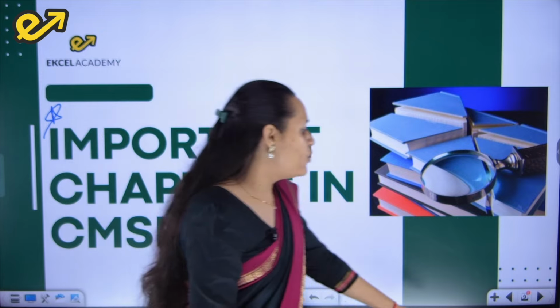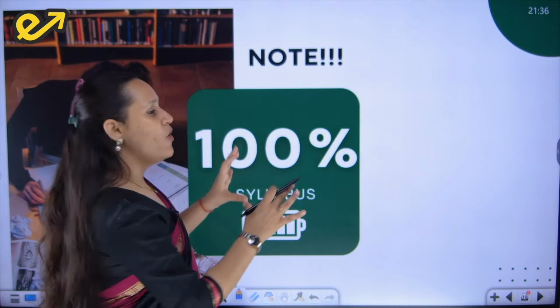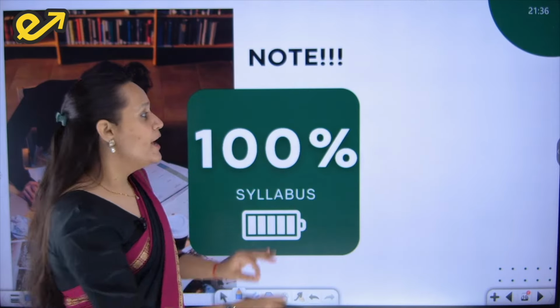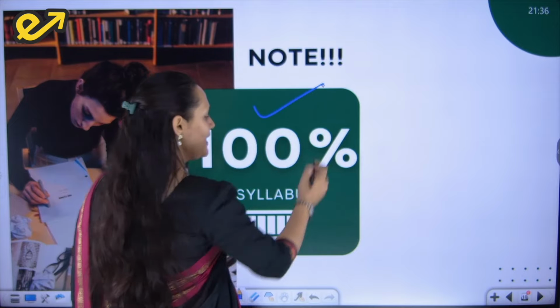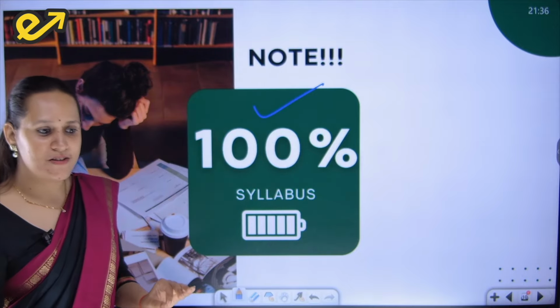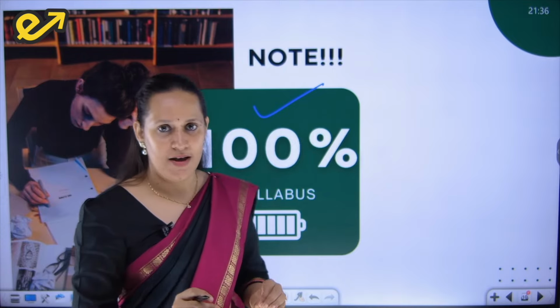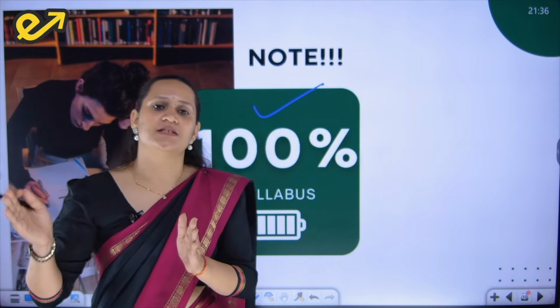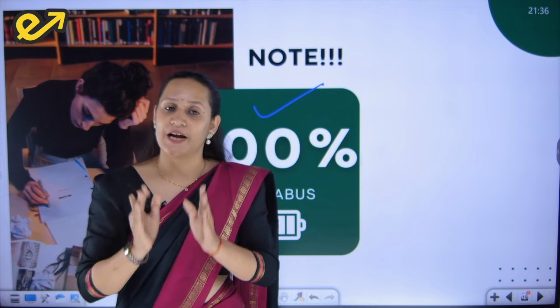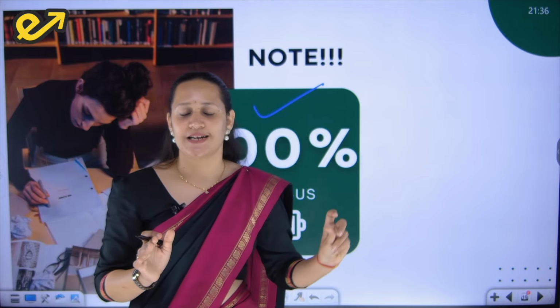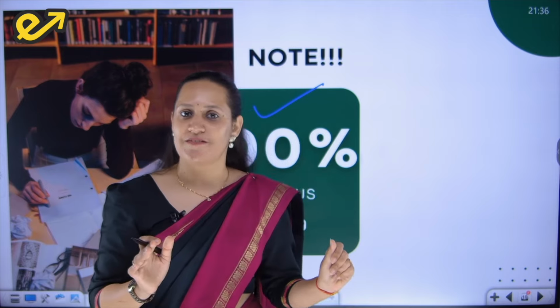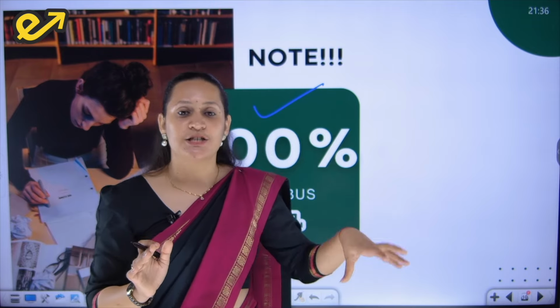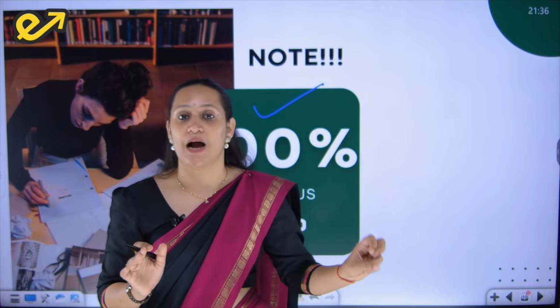Like I told you, we don't have to focus only on the 60% of the syllabus. You have to mandatorily study the entire 100% of the syllabus if you want to score well. We are identifying important chapters on the basis of the previous year question papers. But there might be a possibility that those chapters that come under the 40% of the syllabus which we have categorized as other chapters, Institute will definitely ask questions from those chapters as well.